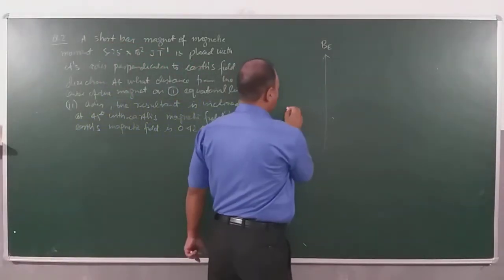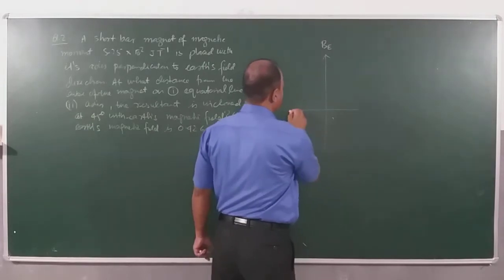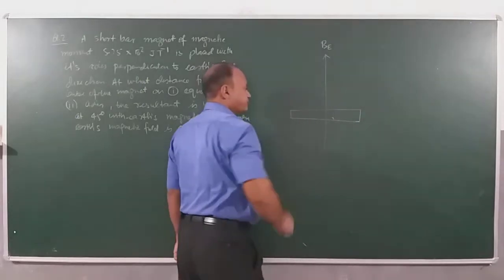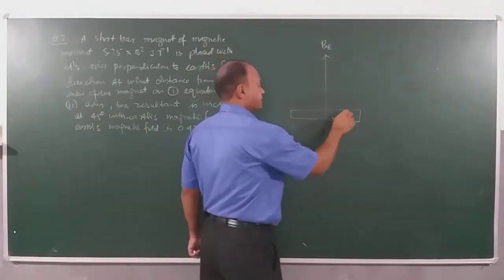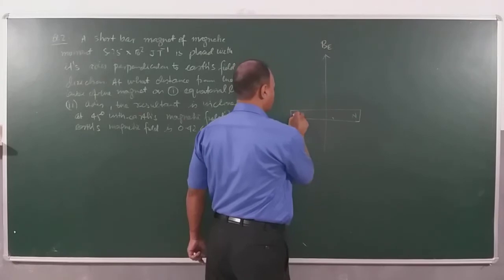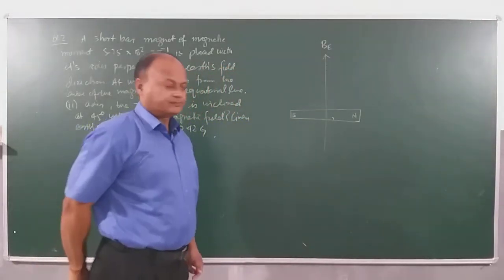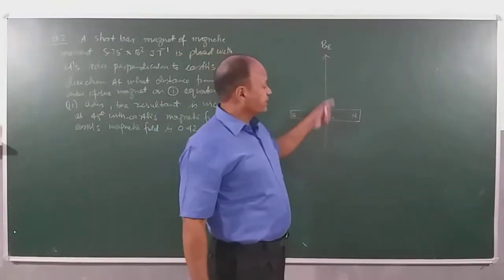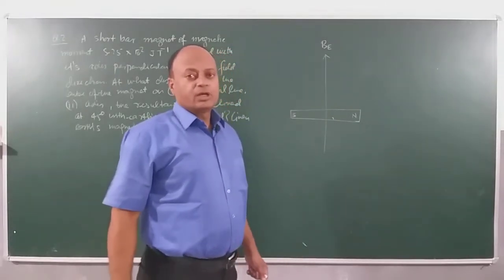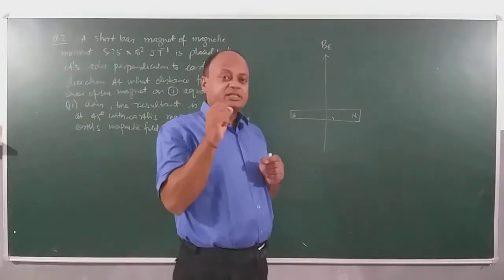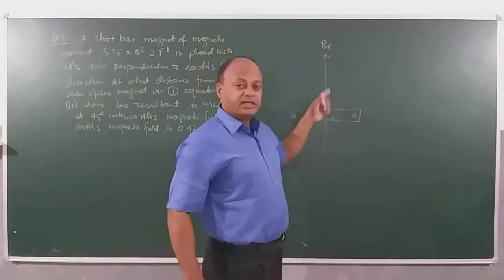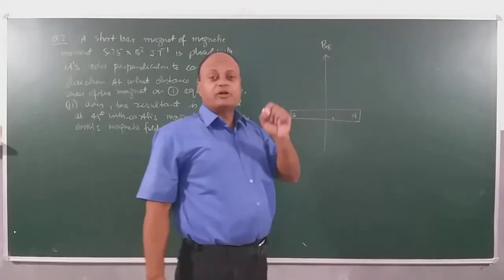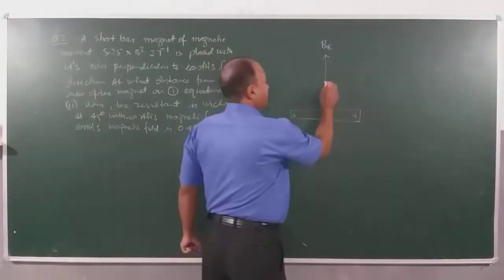So the bar magnet, suppose we place like this, just a short bar magnet like this, and assume this is north pole of the magnet, this is south pole of the magnet.